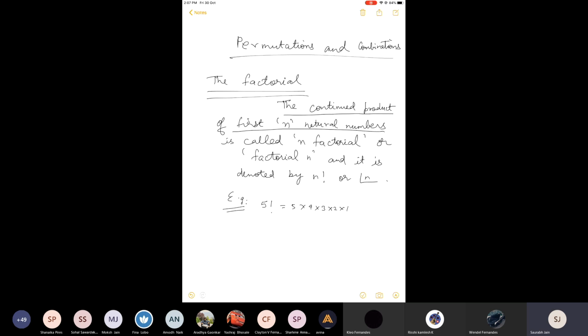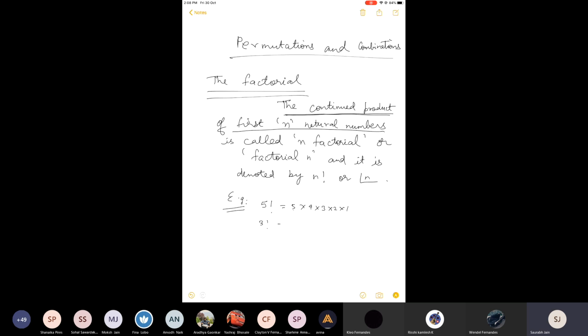This is the meaning of 5 factorial. You start with the number whose factorial we have to write, and go on writing the smaller natural numbers following it. Why? Because the definition says continued, so you should not miss even a single natural number. So 5 factorial is this.